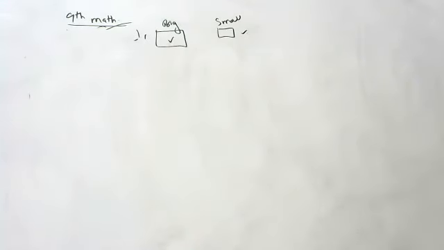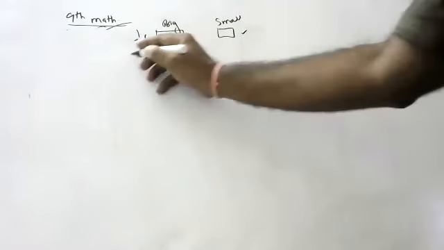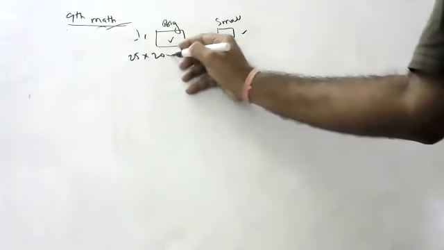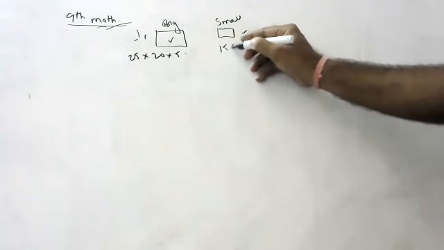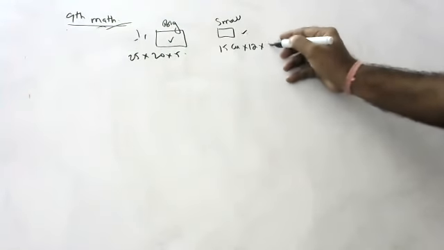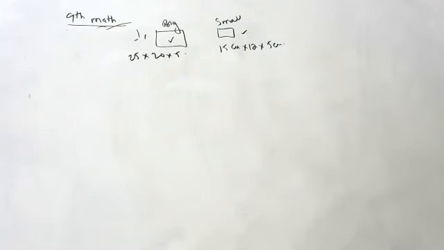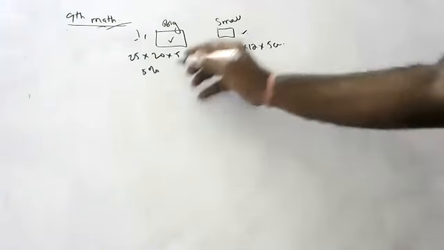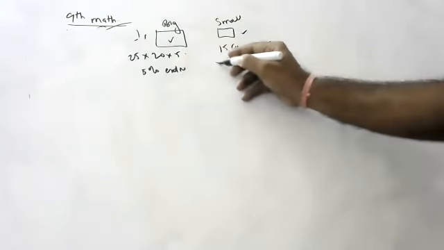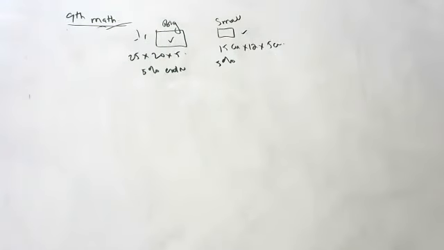The bigger box has dimensions 25, 20 and 5 centimeters, and the small box has dimensions 15, 12 and 5 centimeters. For all the overlaps, 5% extra is needed. Do you know what the overlaps are, children? For a sweet box, corner overlaps will come. That is 5% extra needed.